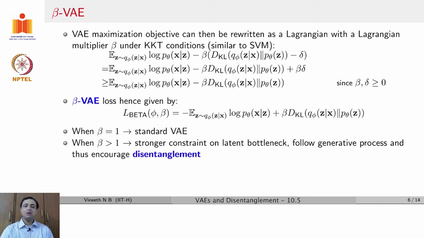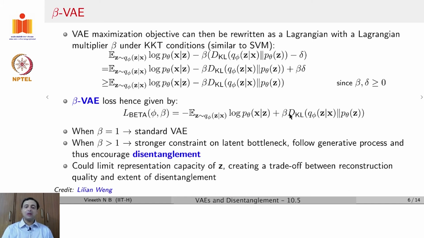Why is this so? Consider the balance between these two terms that are used to train a VAE. The first term, recall, has the goal of improving the reconstruction capability of the decoder, and it's the second term here that tries to learn the latents of the variational autoencoder. So by giving it a stronger weight, we are trying to make the latents be learned in a more disentangled way.